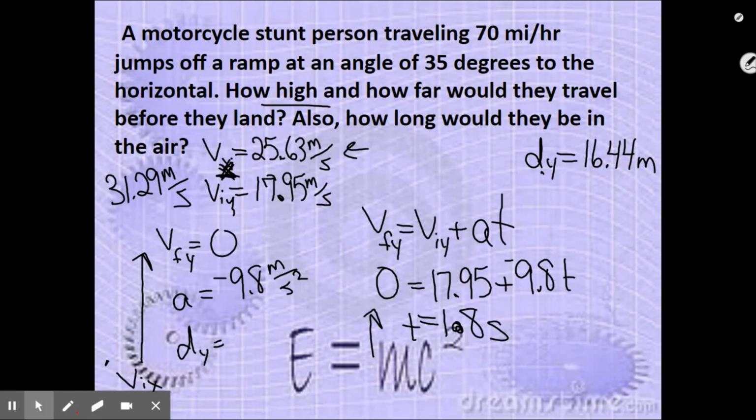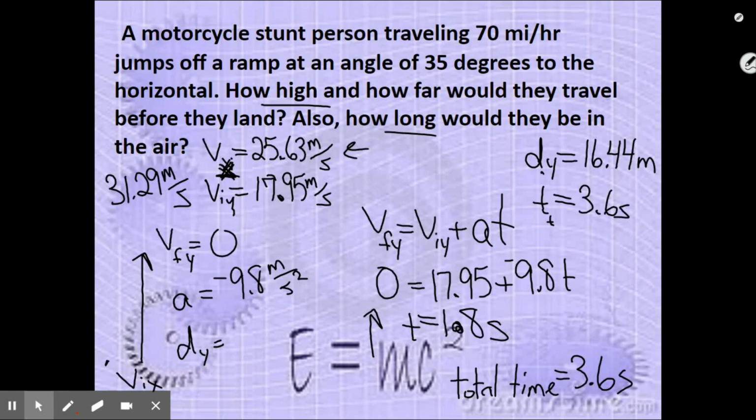That's just to get to the top. So to get to the top and get back down, we're going to multiply that by 2. So total time is going to be 3.6 seconds. And so that answers that last question. How long is it going to be in the air? So I'm going to put t sub t for total time, 3.6 seconds.